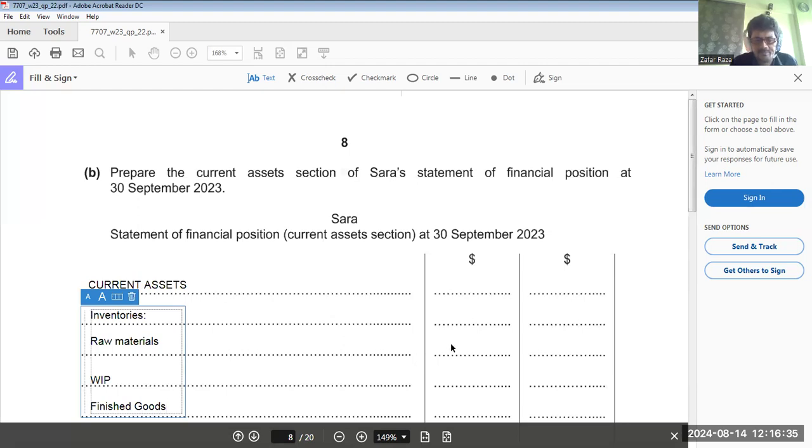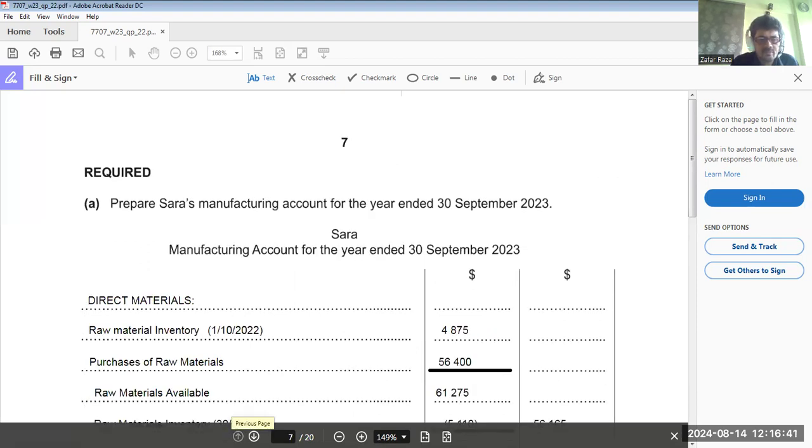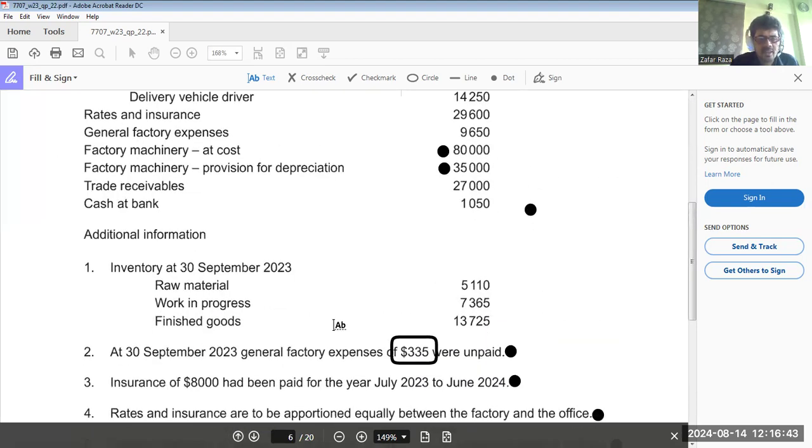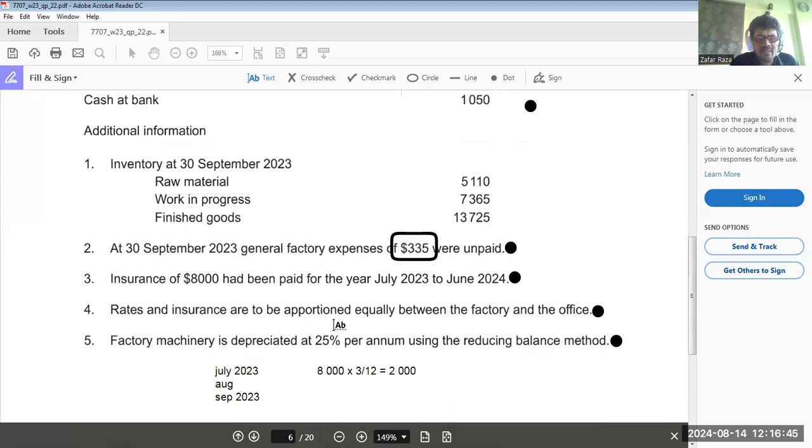Raw materials ending inventory is how much? Here it is: 5,110, 7,365, 13,725. These three.